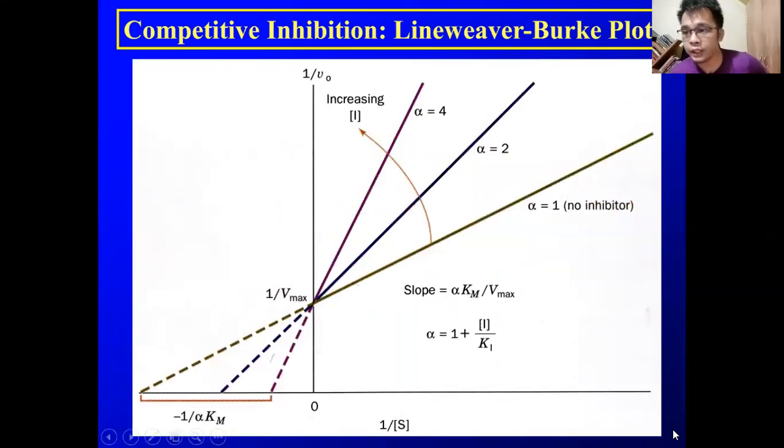Kung mapapansin niyo in the Lineweaver-Burke plot, nagbabago yung natin. As the alpha, ayan, so alpha is 1, syempre no inhibitor. Mapapansin niyo when inhibitor is present, nagiging mas steep yung natin or mas tumataas yung slope ng ating Lineweaver-Burke plot, which gives a variation.